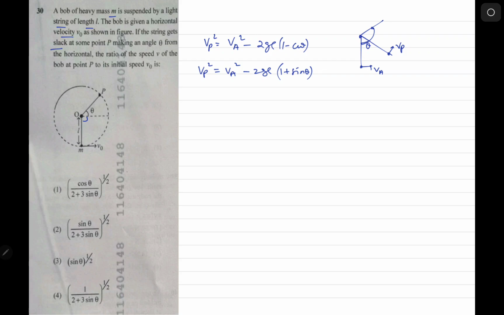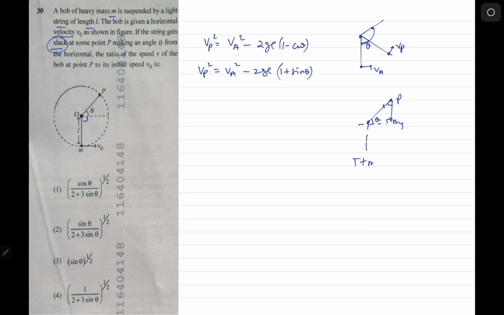Now we need to find the Va value, so we can do that here at point P. At point P, we know that the string becomes slack. So this is the P point, this is theta. If we write the equation of net force, T and mg, this angle is 90 minus theta.